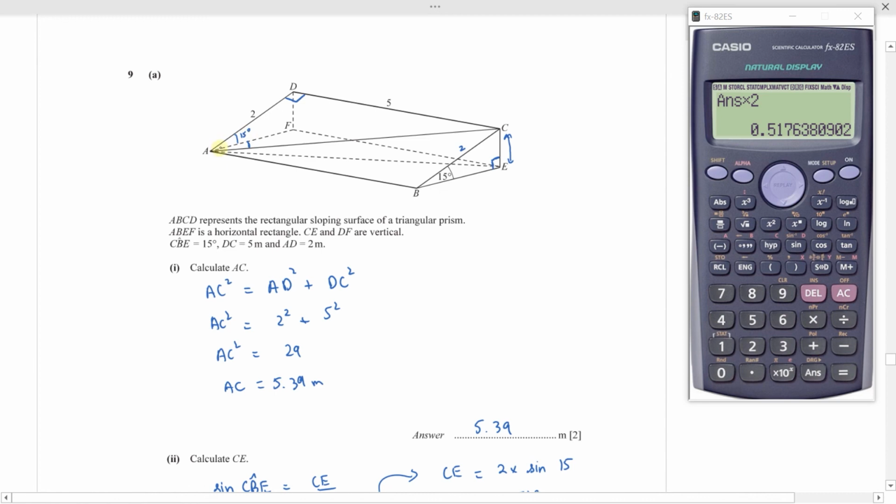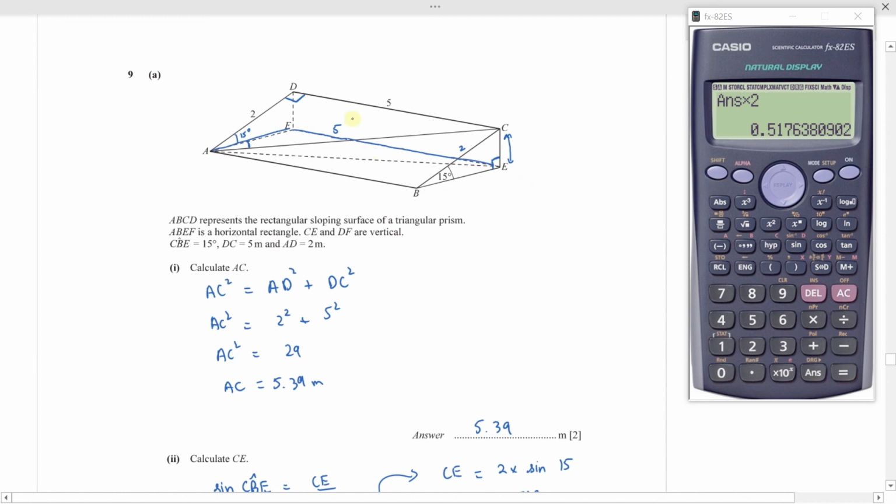So basically I can use triangle ADF to find this length AF. If I know this length AF, I know this length will also be 5 since this length on the top is 5 as well. So this length FE, length FE is also 5. So this length will also be known.